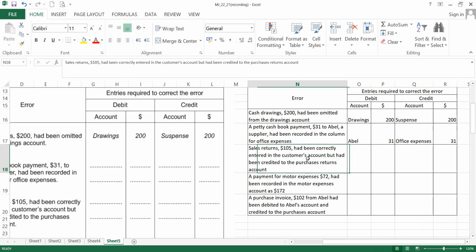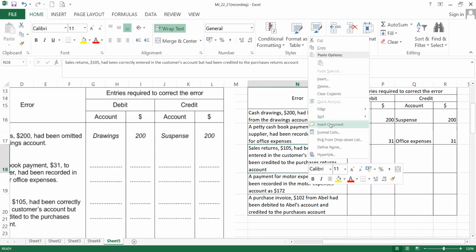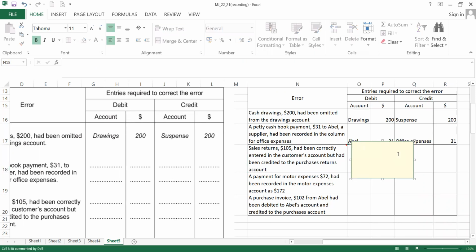Write the correct double entry. For this one, the correct entry for the sales return should be debit sales return and credit customer account. So this should be the correct one. But we go and make a mistake.